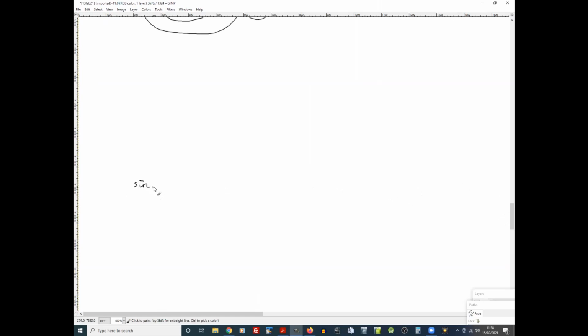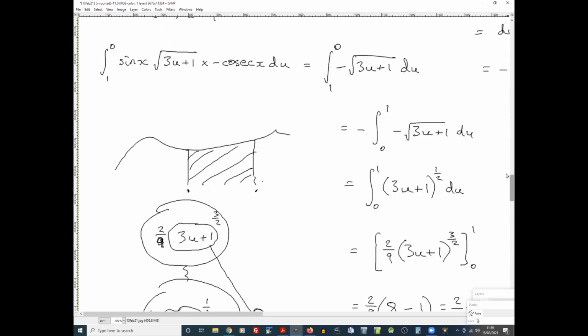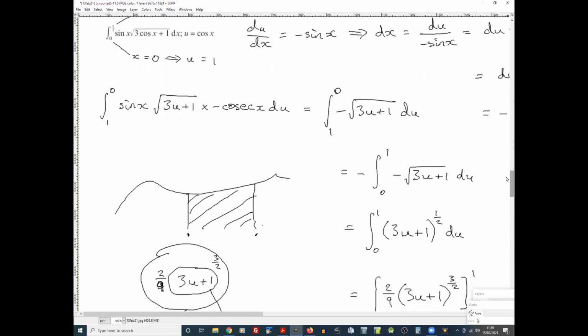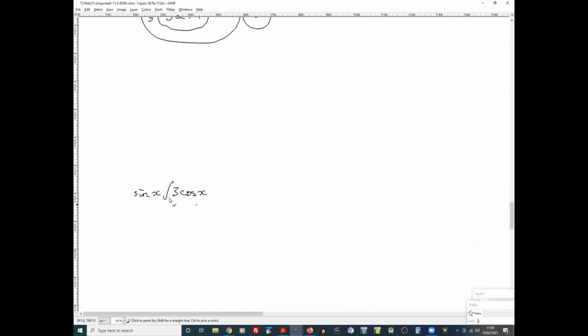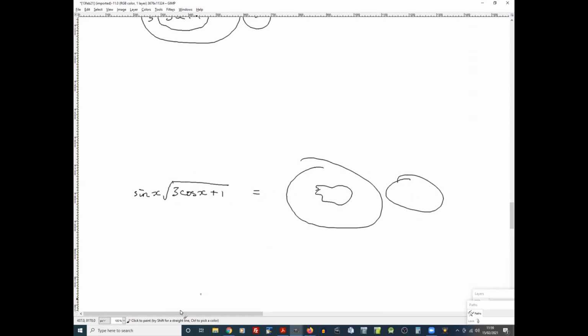Sine x times square root of 3 cos x plus 1? Yeah, something like that. It would just be a shame not to recognize how it is a composite times something else. Tell me the composite.